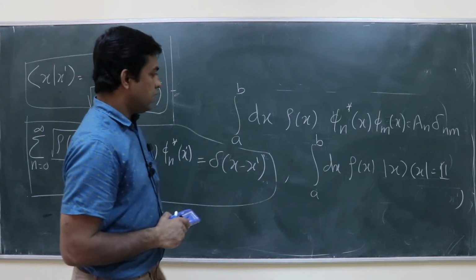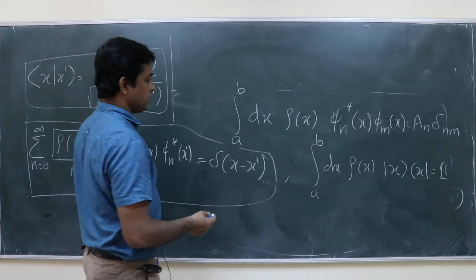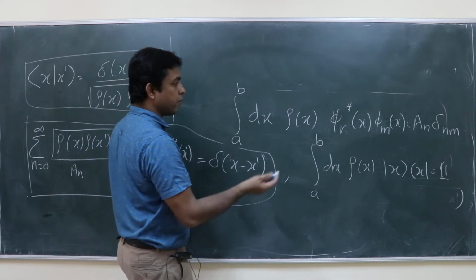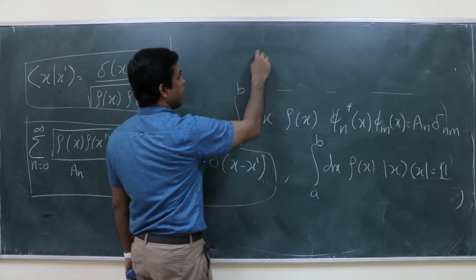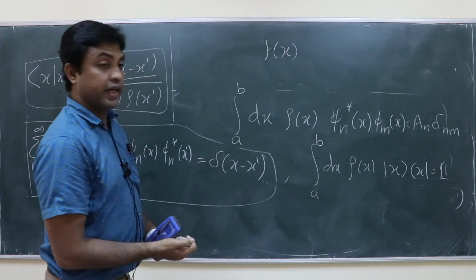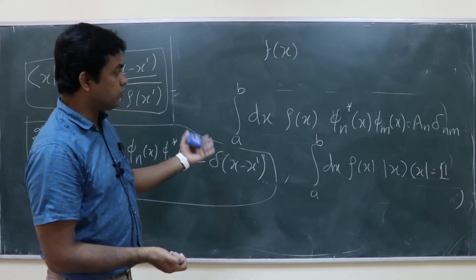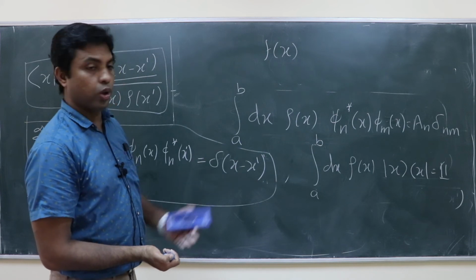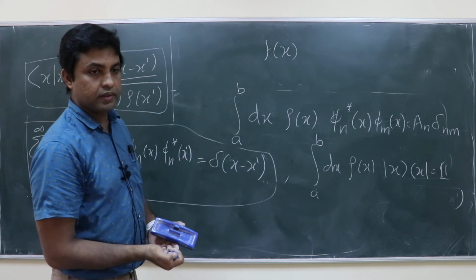Now the next question is, because the phi n of x form a basis, if I take any function f of x, I can expand it in terms of these polynomials. So how do I expand?